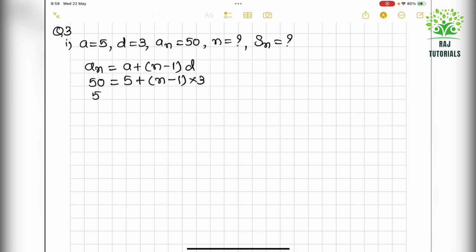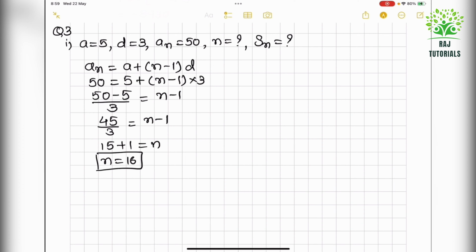So 50 minus 5 upon 3 equal to N minus 1. So 45 by 3 equal to N minus 1. So 15 plus 1 equal to N. So N equal to 16.